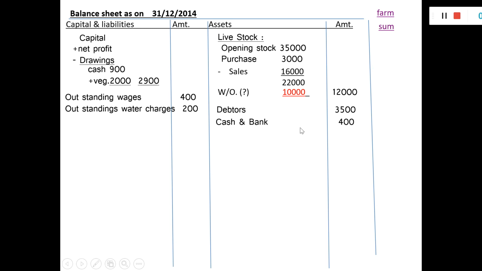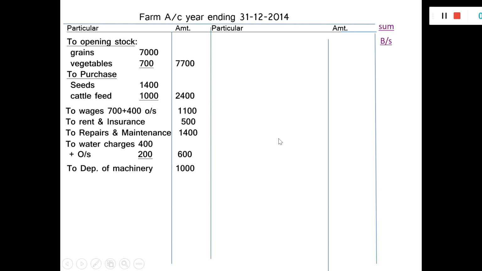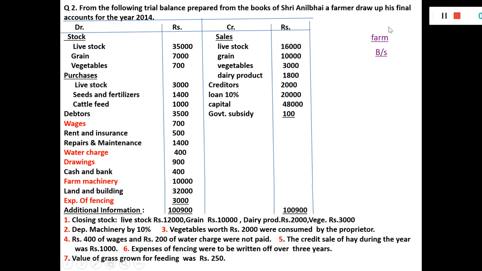Cash and bank 400, farm machinery 10,000, 10% depreciation 1,000. So the remaining rupees 9,000 will be shown in the outer columns. So the second effect of the depreciation, rupees 1,000, will be given in the debit side of the farm accounts. Depreciation of machinery 1,000. Go to the sum again.